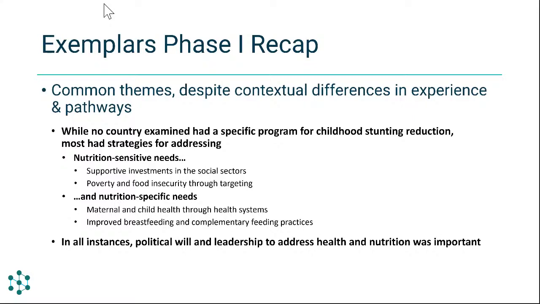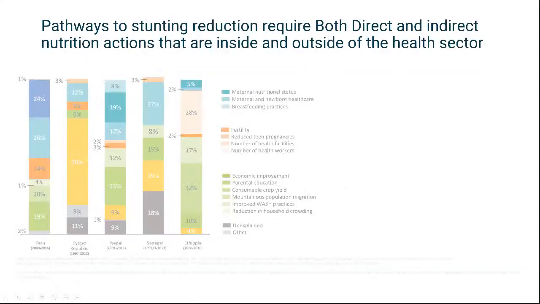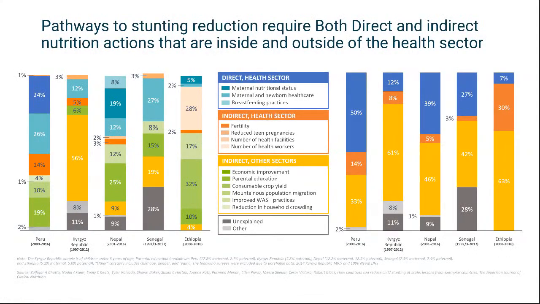And so if we're flipping to the next slide here and digging into what that means in practice when we're looking at these illustrative charts, we've seen this chart on the left-hand side before that Nadia showed, describing each of these component contributions to total explicable change in Peru, the Kyrgyz Republic, Nepal, Senegal, and Ethiopia.